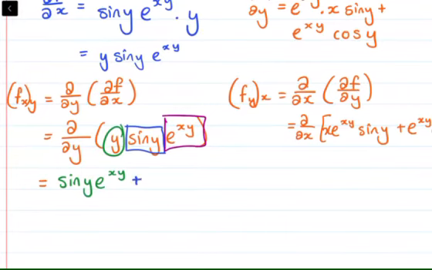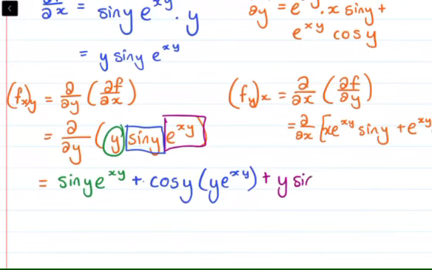And then plus, now I differentiate cos, this is product rule. It's cos y multiplied by y e to the power of xy. Right, so then I keep those ones. Plus, now I keep the rest, which is e sin y, the two first functions, and then I differentiate the last function. And with respect to y, it is e to the xy.